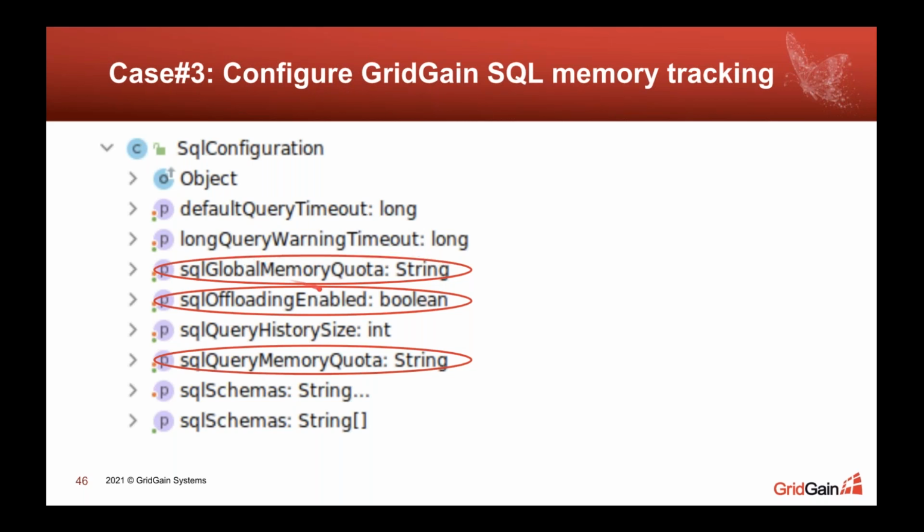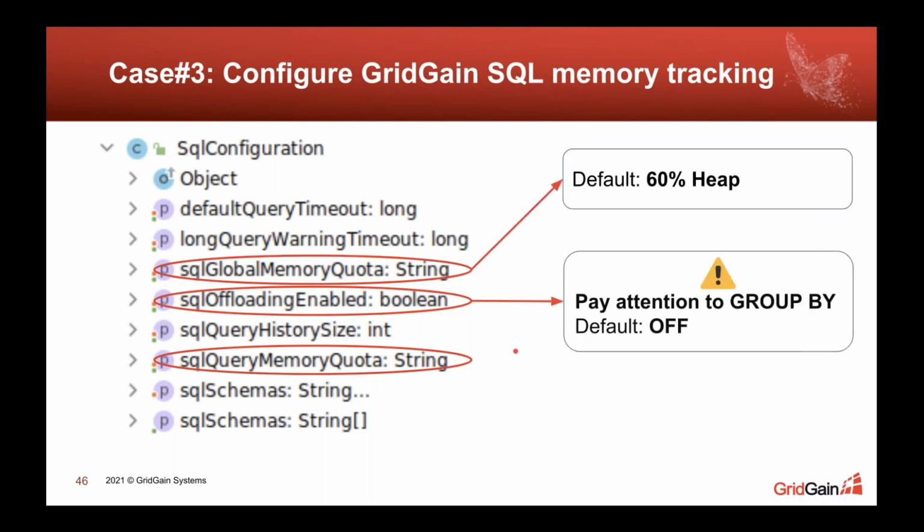Global memory quota, its name is kind of speaking. It's a sum of quotas. As far as I remember, it's about 60% of heap.